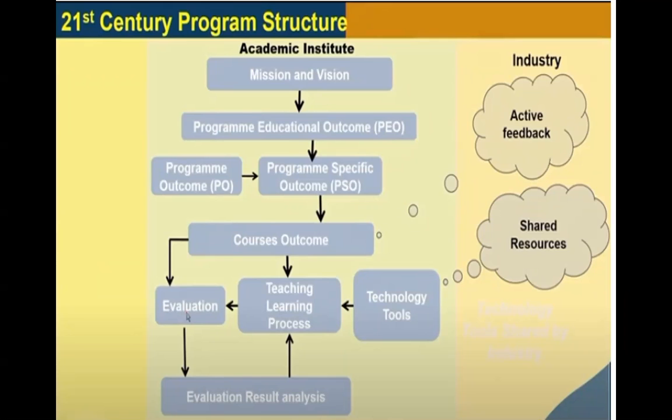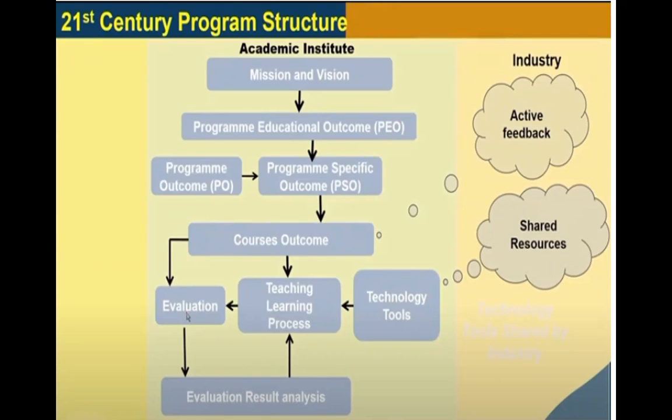If in a neighboring college, the same electronics department concentrates on microwave electronics, that college's program specific outcome will indicate microwave specialization. This will vary from college to college. So the same department in two colleges will be different with respect to the program specific outcomes.